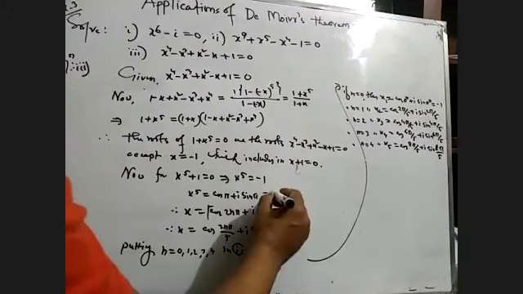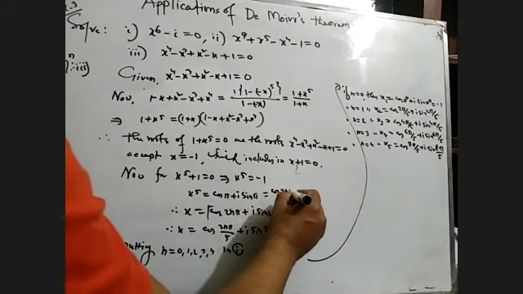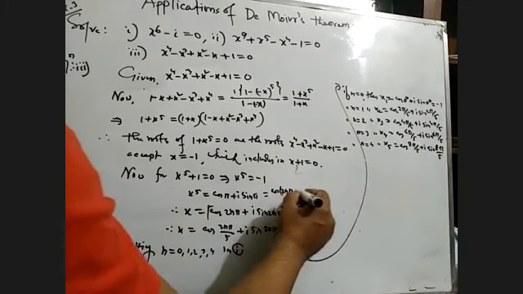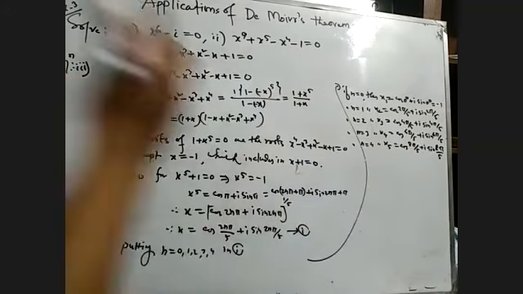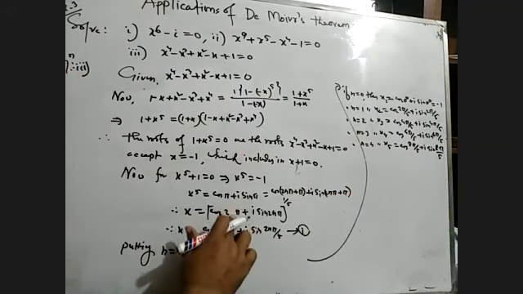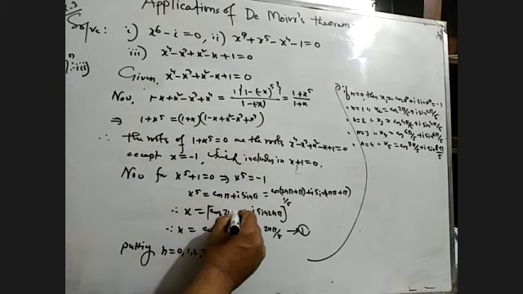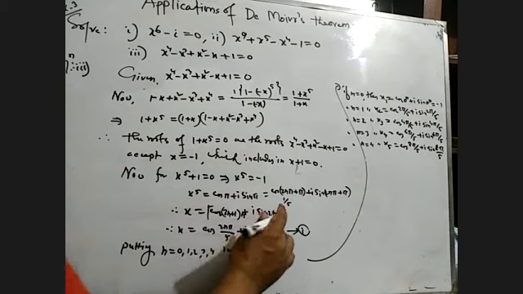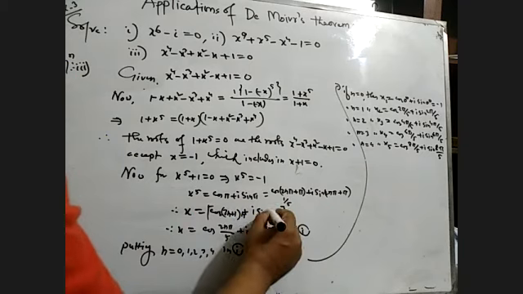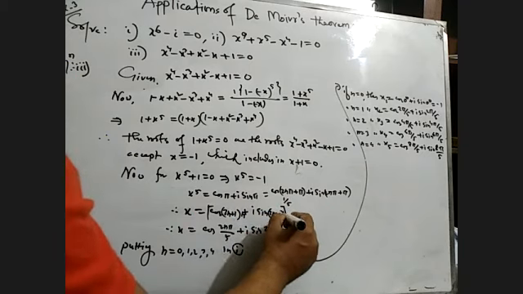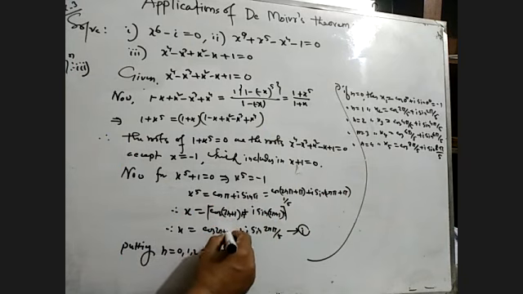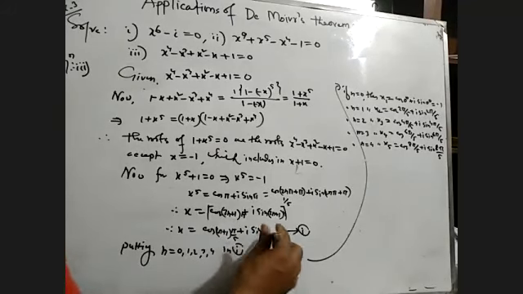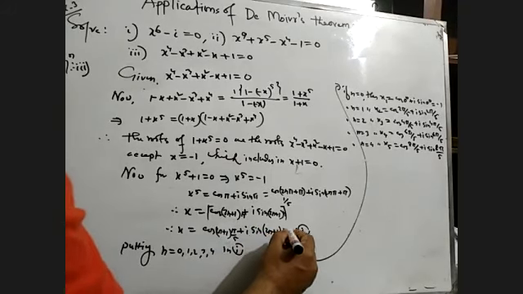This can be written as cos twice n pi plus pi plus i sine twice n pi plus pi. This will be twice n plus 1 into pi, divided by 5, so twice n plus 1 into pi by 5.